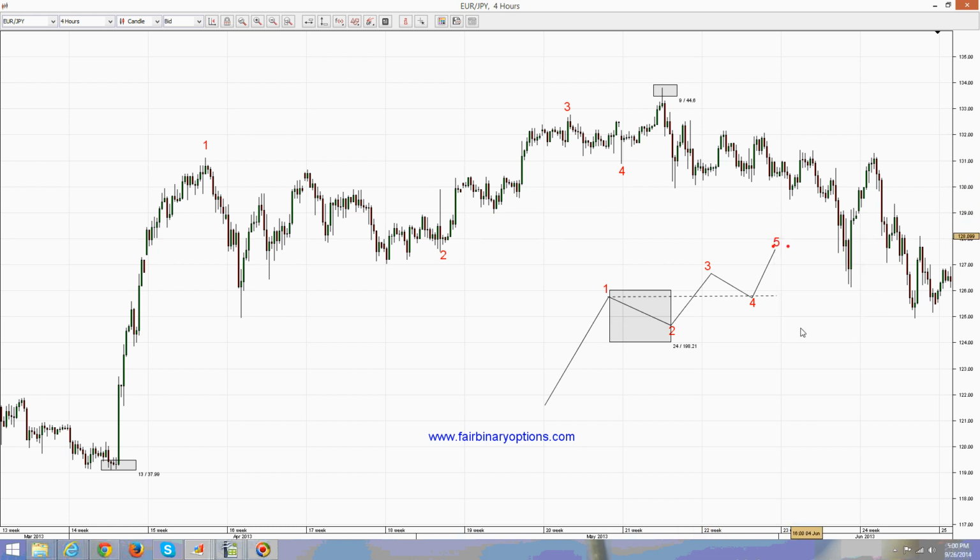Now the thing is with these patterns, with this first wave extension, the market is rarely respecting the motive waves or the moves that are advancing without having the overlapping there.